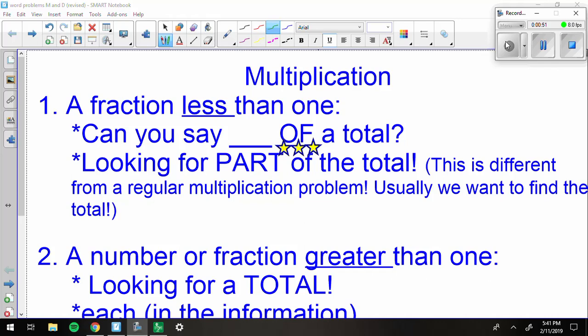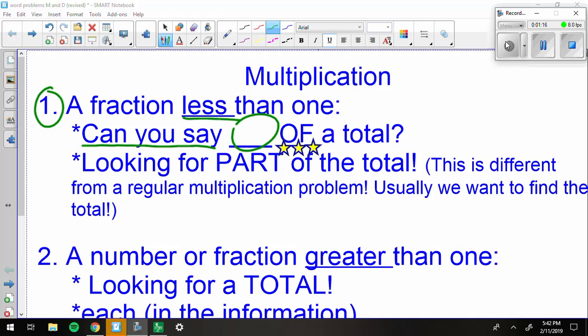We have two types of word problems. Our first type is where we're multiplying by a fraction less than 1. And in these cases, you're going to be asking yourself, can you say some fraction of a total? We're looking for part of the total.